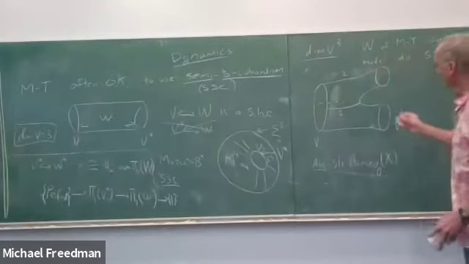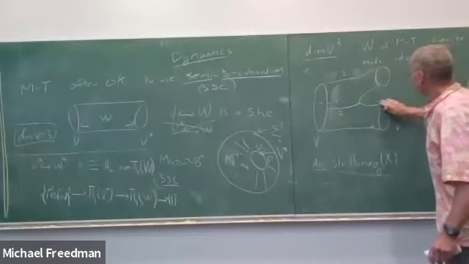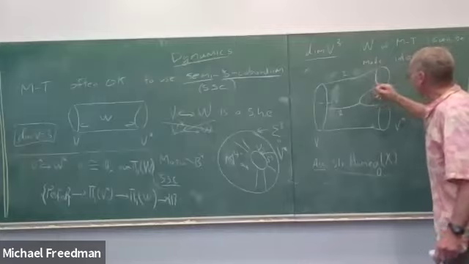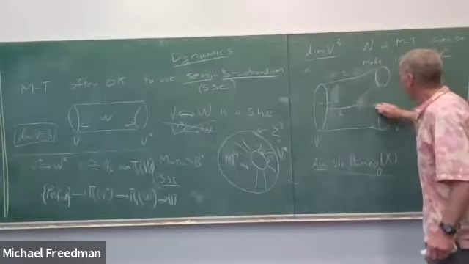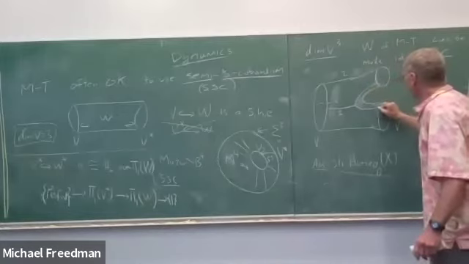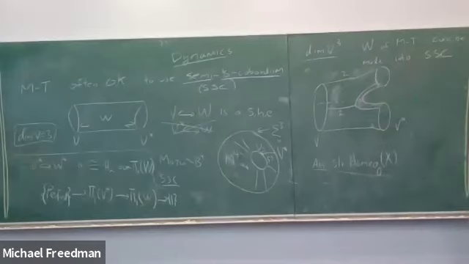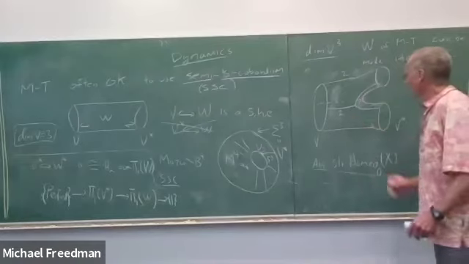And what I want you to think about is the reverse surgery. That is, suppose we pull out this ascending 2 handle, then what we'll see is just a product because we've removed the 1 handle that was present. So now it's a product.